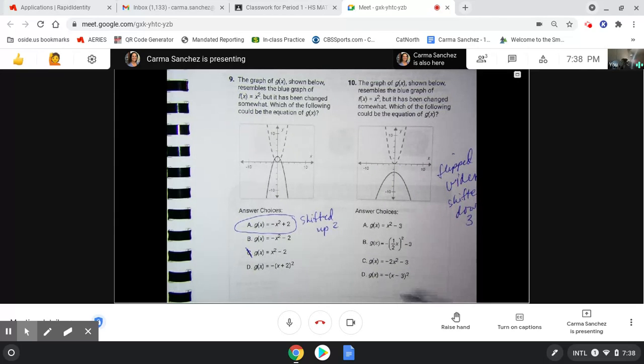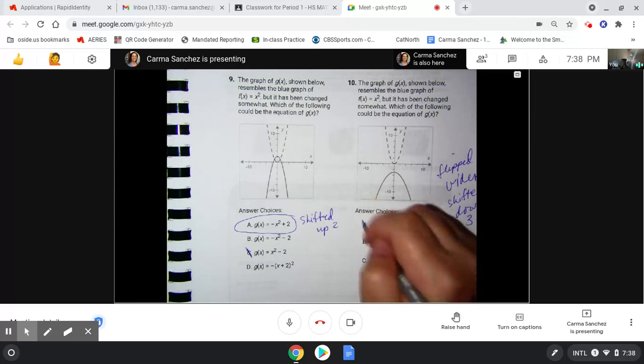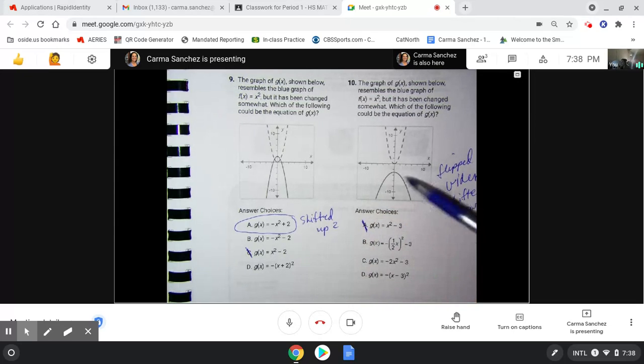So which of these equations have a negative for the flip, so it can't be A, have a wider or fractional graph, and have the shift down 3? Which one do you think it is? I hope you got it. Because of that 1/2, that tells us it's the wider graph. How'd you do? Do you feel ready for the APEX quiz?